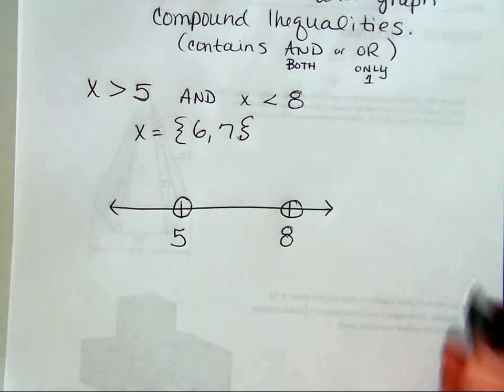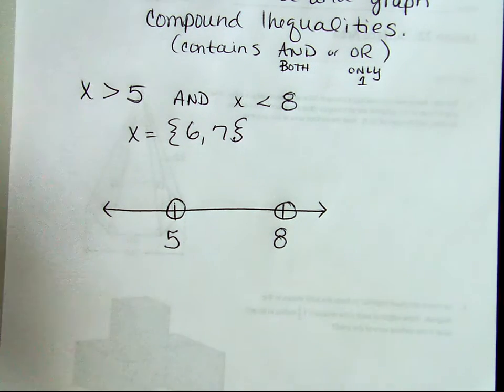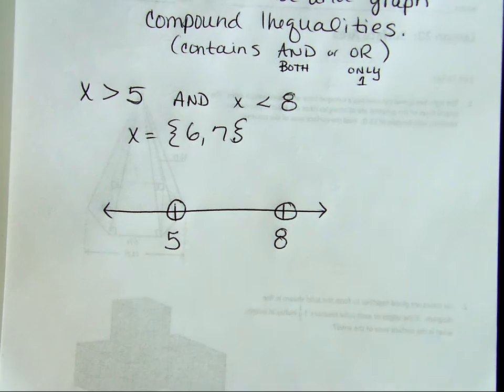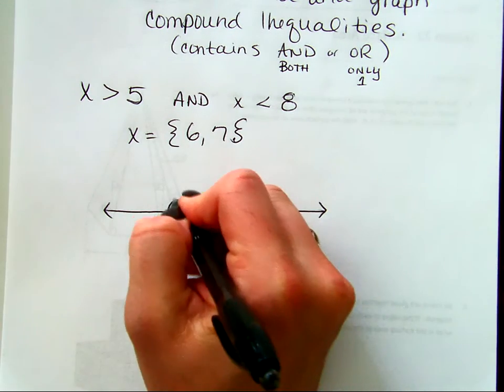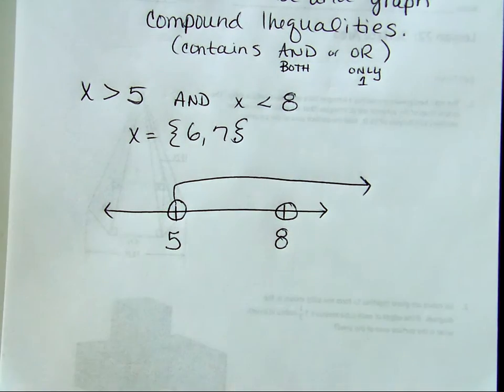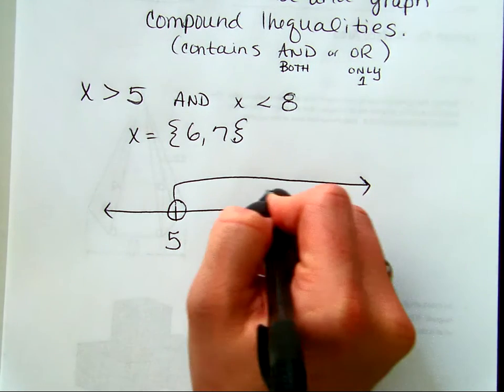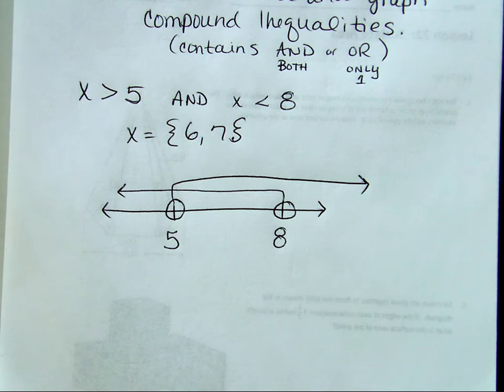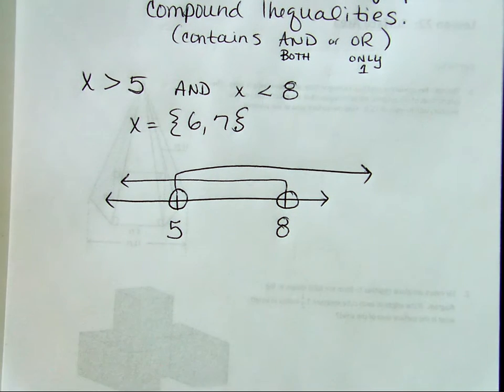And then here's how you're going to see it two ways. I always tell kids, just ignore one of them for right now and just graph one of them. This arrow represents all numbers greater than 5. This arrow represents all numbers less than 8. Right? But that's kind of a sloppy graph because all I really want to know is where is there an overlap on the graph? Do you know what I mean by that?